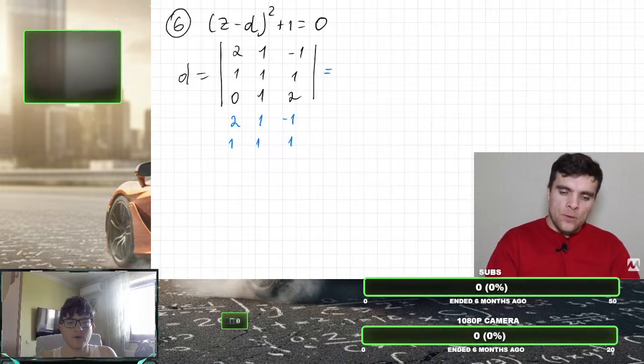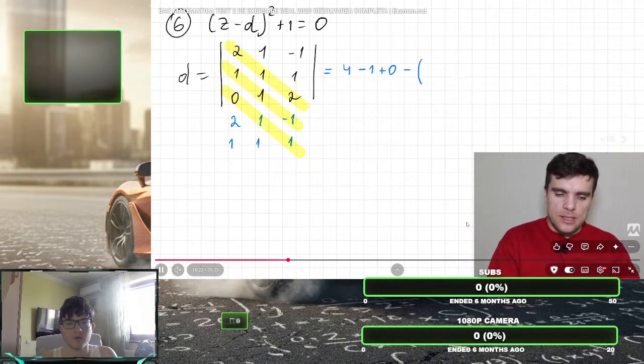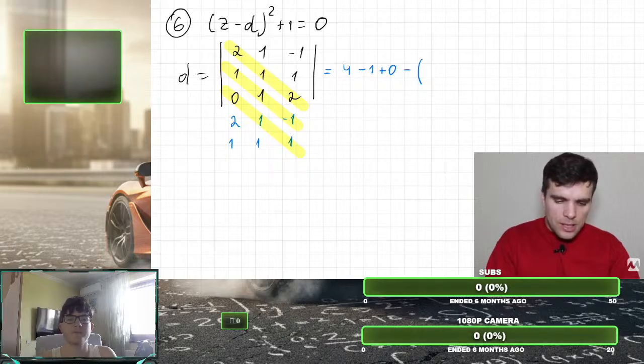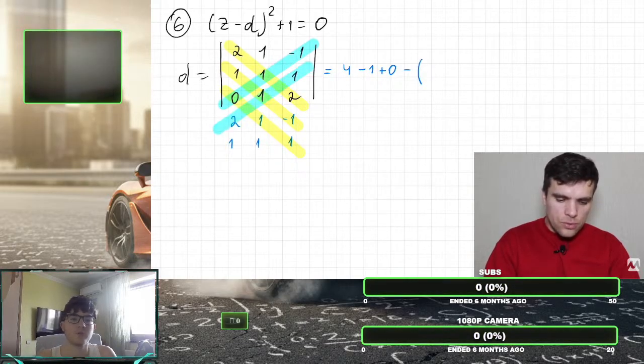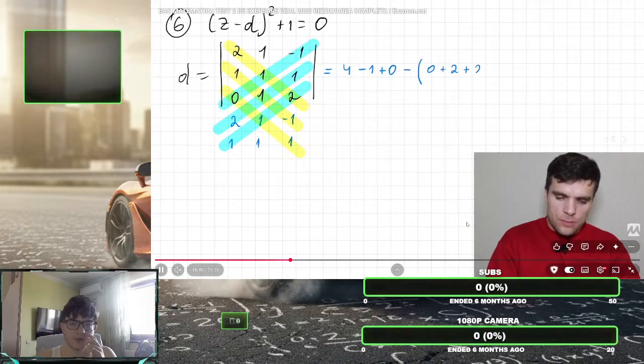We're gonna have 4 plus minus 1 plus 0. Now minus, and if other time thing diagonally multiplied, 0 plus 2 plus 2.